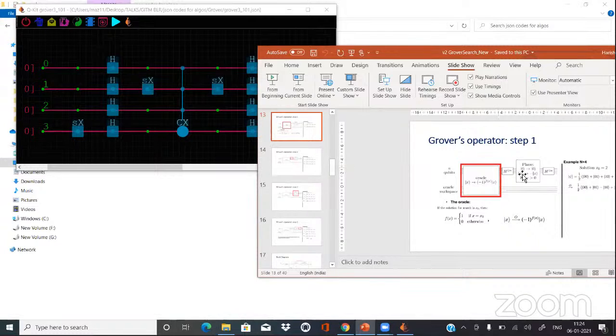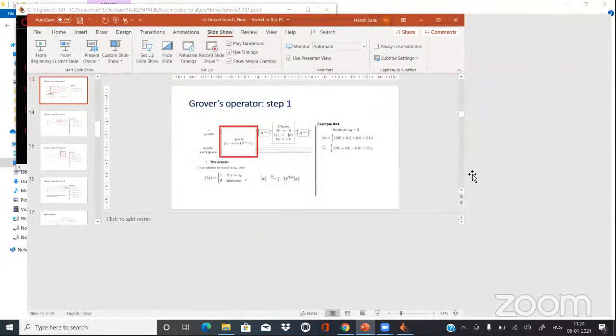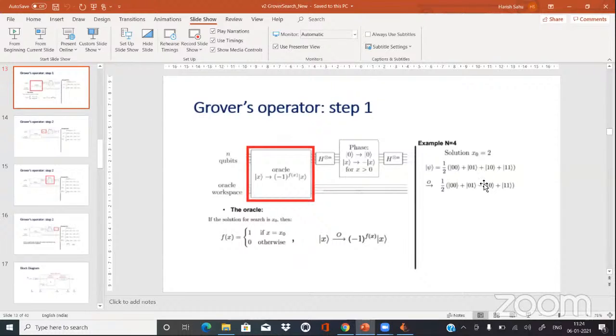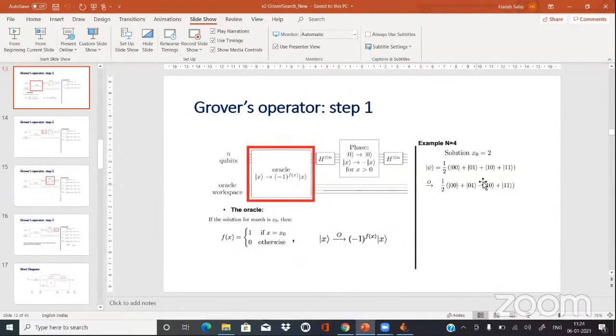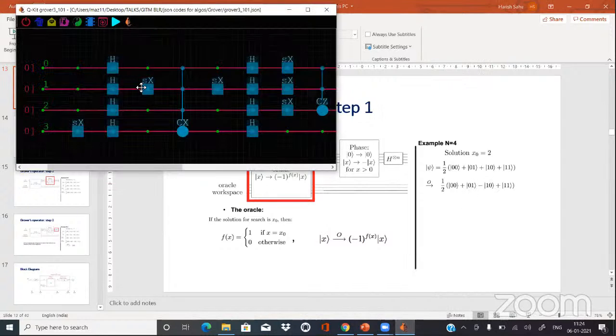This way we have derived this minus that we were explaining now. So see here, the desired state sign will change. When these values are 101, then only fx will become 1, and then it will change the sign. That is the thing we were trying to do in our algorithm.